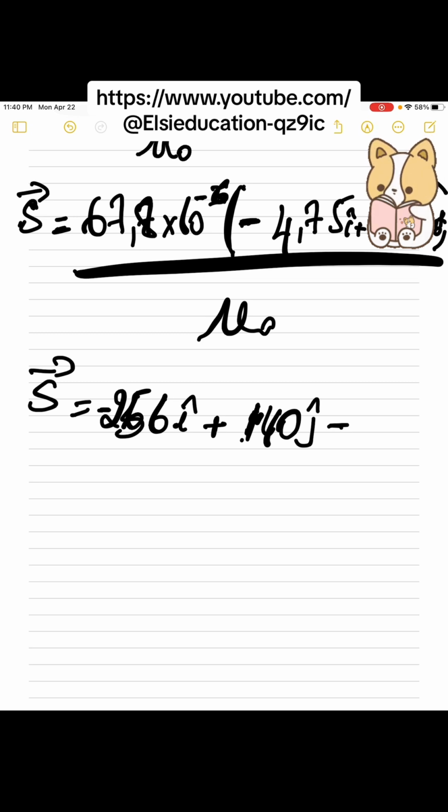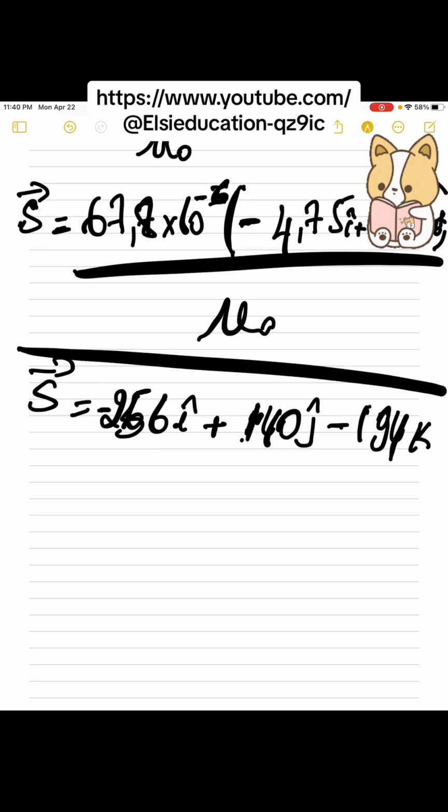It is 140 minus, so 67.8 exponent minus 6 multiplied by 3.6 divided by 12.56 exponent minus 7, 194 k. Okay, and this is the Poynting vector.